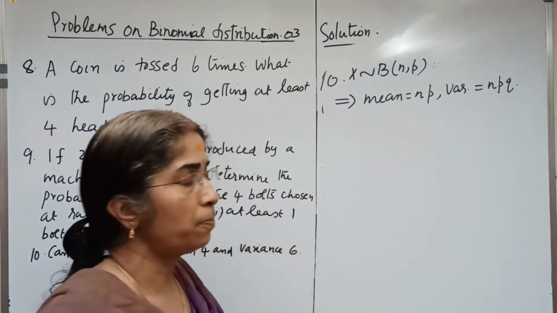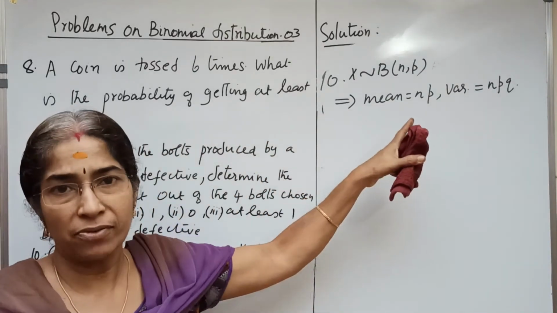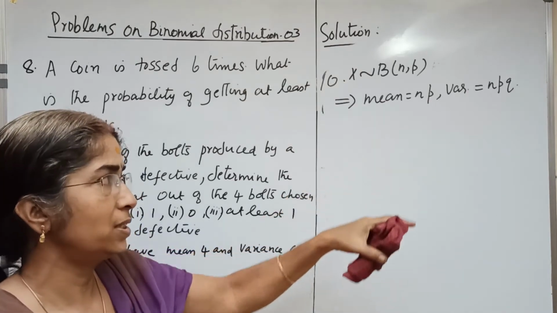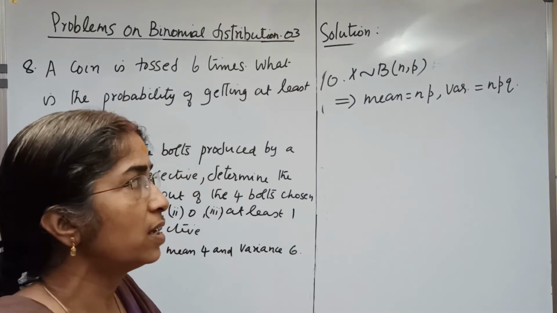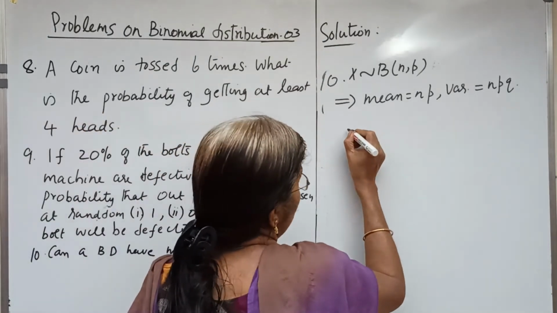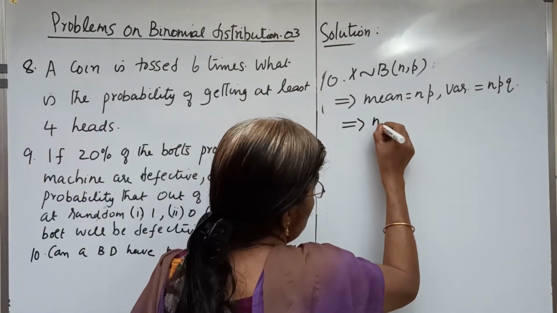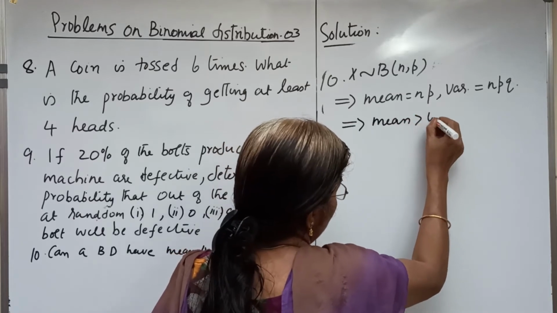And what is the property? As q is a fraction, a value less than 1, mean always should be greater than variance.